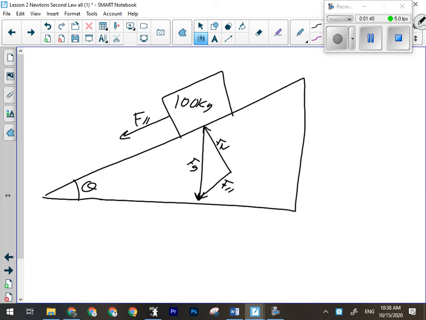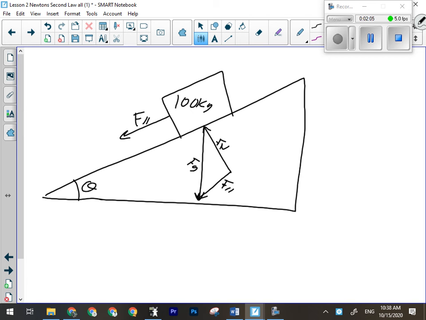Now, is it possible that I could lower something down a ramp by pulling up? It is. As long as the force down is greater than the force up, the object still moves down the ramp. I was giving you the example yesterday that every spring and every fall I build a ramp to get the generator out of my truck. When I'm lowering it, I still pull up the ramp.